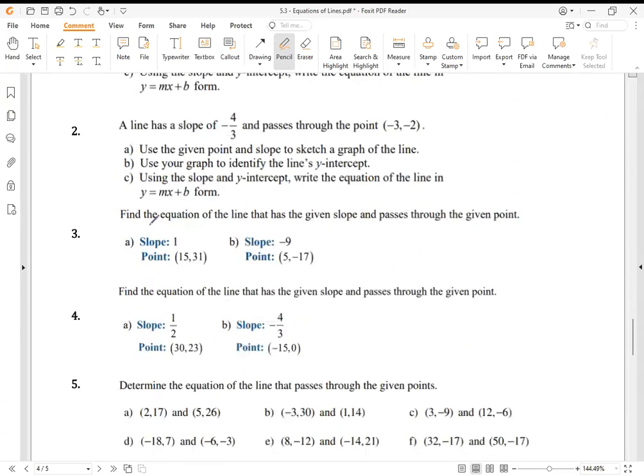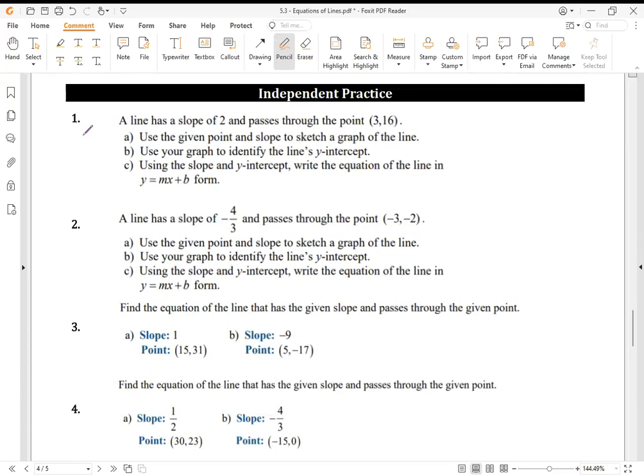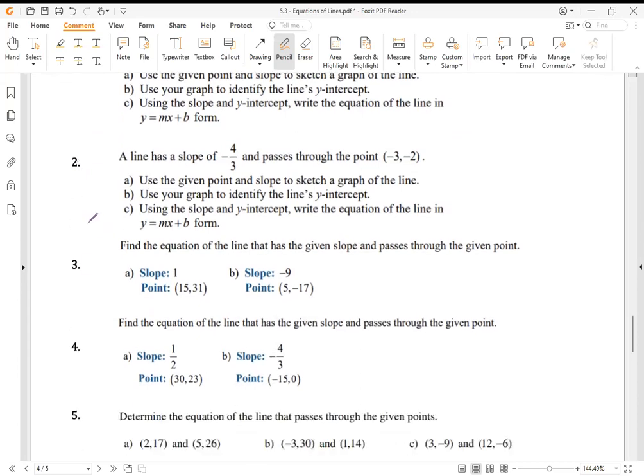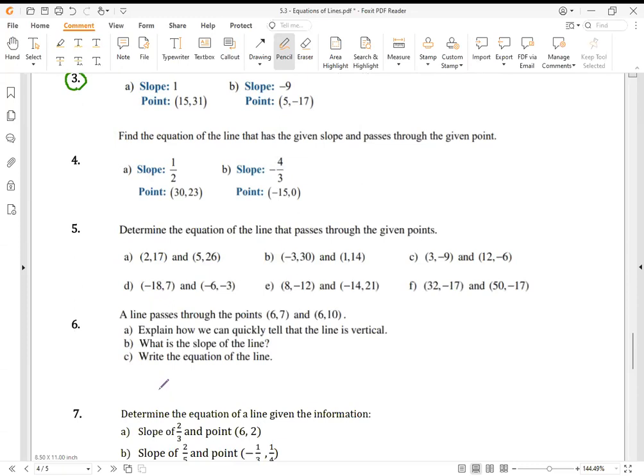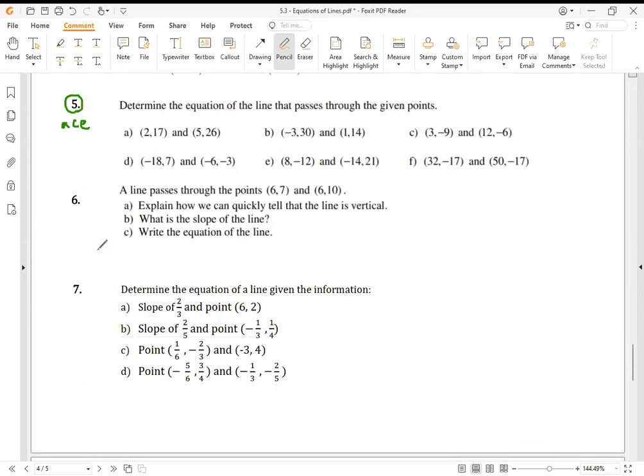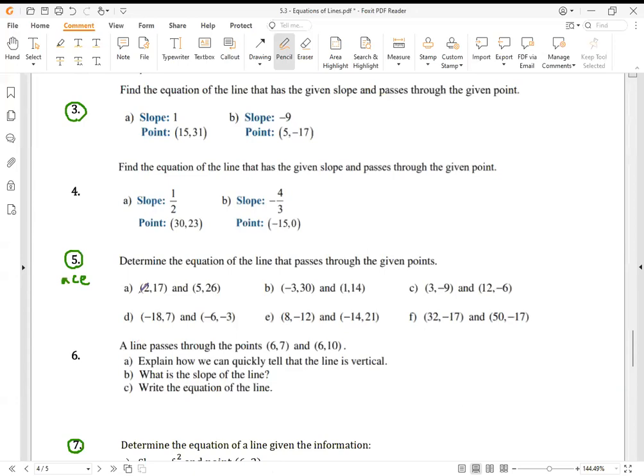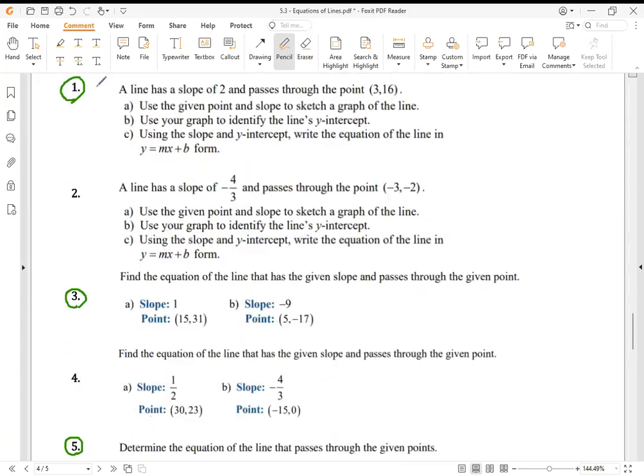If there are too many questions, please do number 1, number 3, and then number 5, ACE, number 7, AC. The other ones, you can save it for test studies. But doing that will give you a good sprinkle of everything.